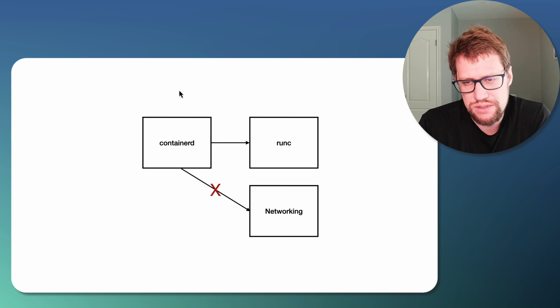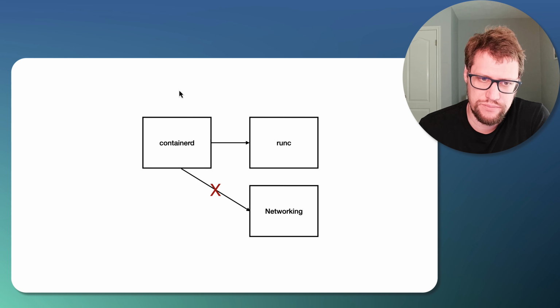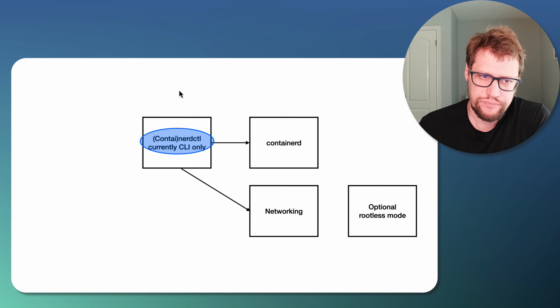But those runtimes, they are not really responsible to create the networking. You have different tools for that. Those different tools don't really have an API exposed. So it's quite difficult to build a Go program that would easily create the networking.